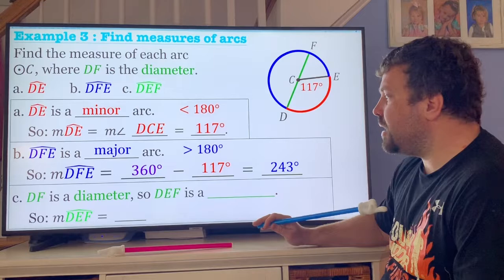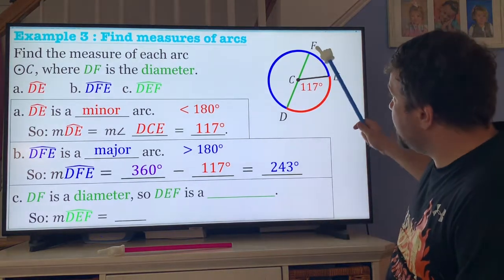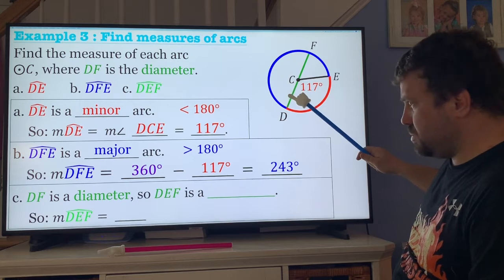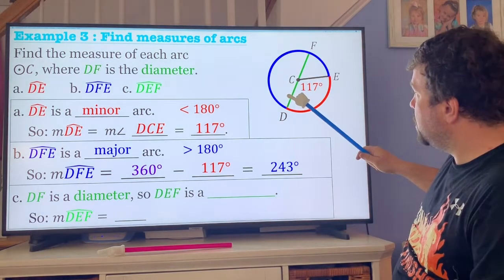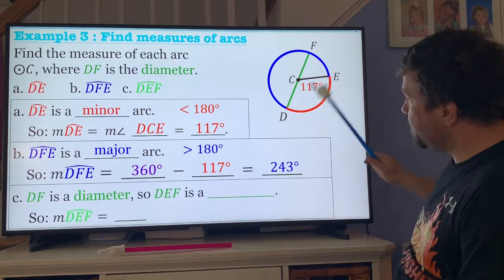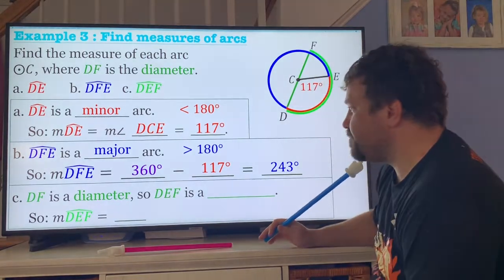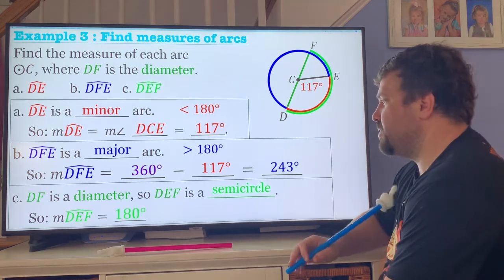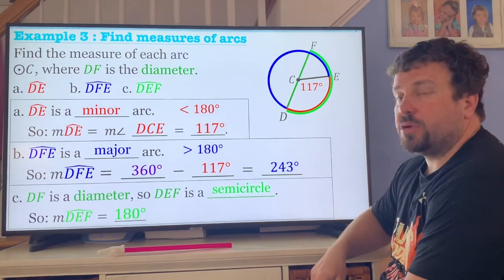DF is a diameter, all right? So that means DEF, this whole arc right here, is a semicircle. Semicircles equal how many degrees? 180 degrees. Excellent. Let's try some more examples.